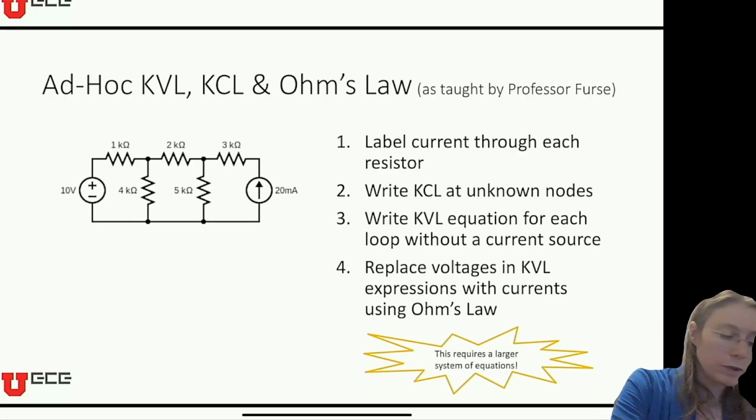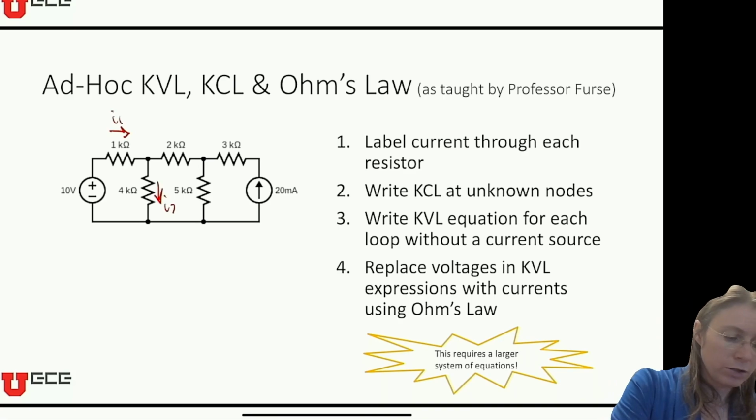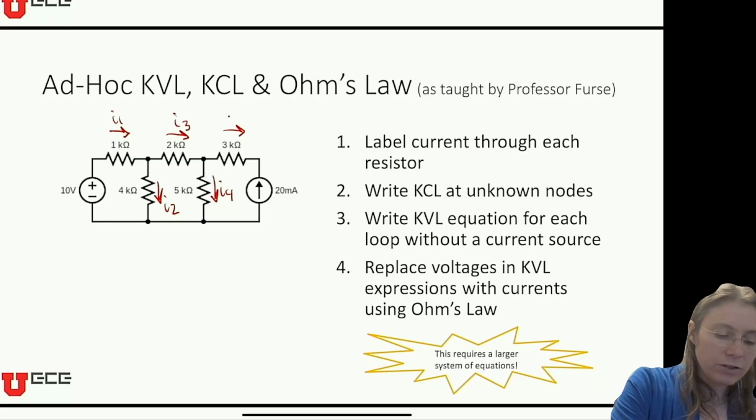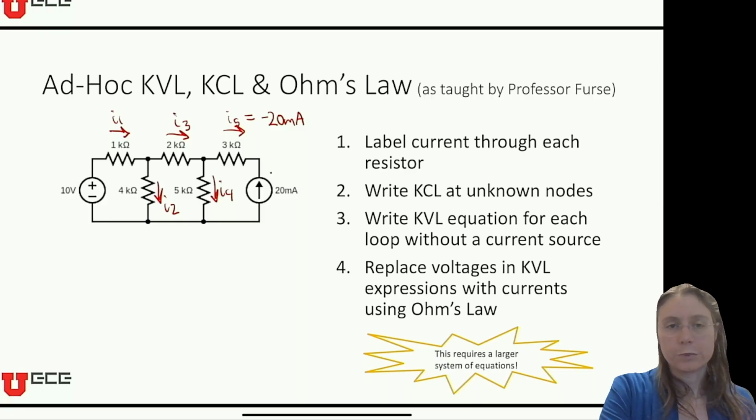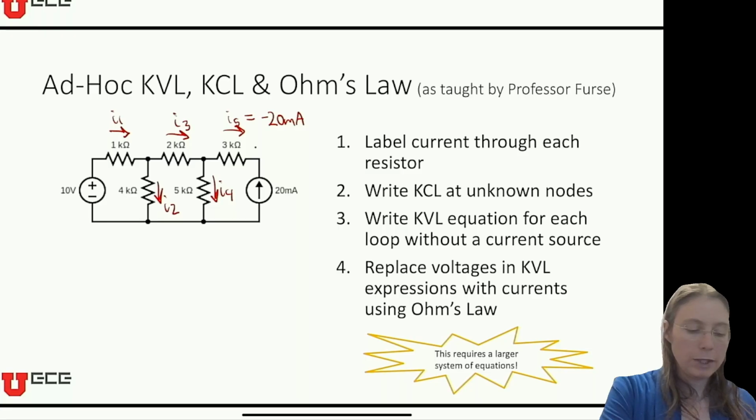So first we'll label the current through each resistor. I'm just kind of choosing a direction right now. And then this I5, we actually know in this case, that would be negative 20 milliamps because it's in series with the 20 milliamp source, but pointing in the other direction.